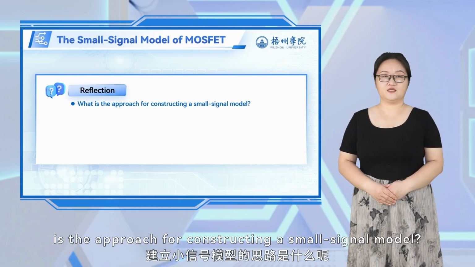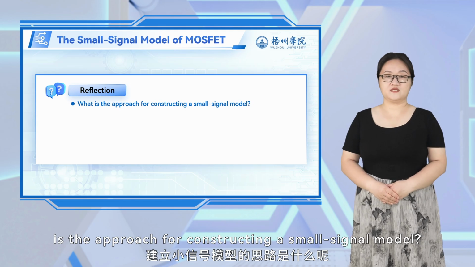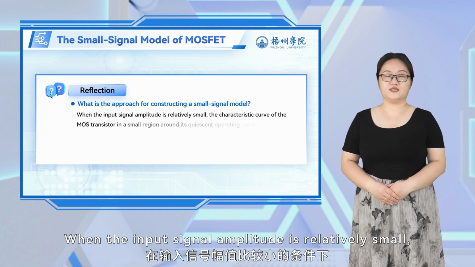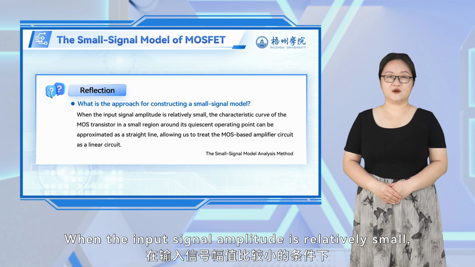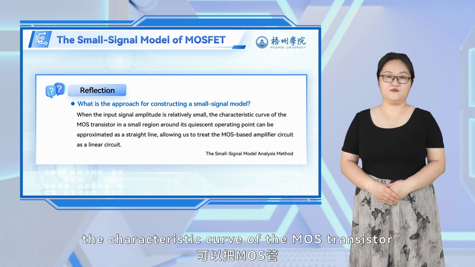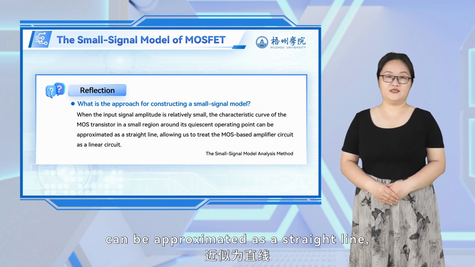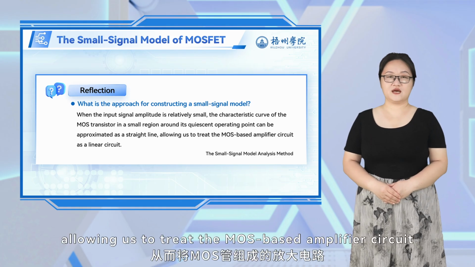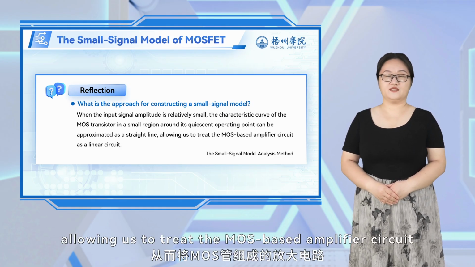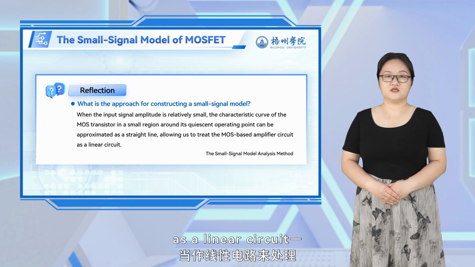What, then, is the approach for constructing the small signal model? When the input signal amplitude is relatively small, the characteristic curve of the MOS transistor in a small region around its quiescent operating point can be approximated as a straight line, allowing us to treat the MOS-based amplifier circuit as a linear circuit.